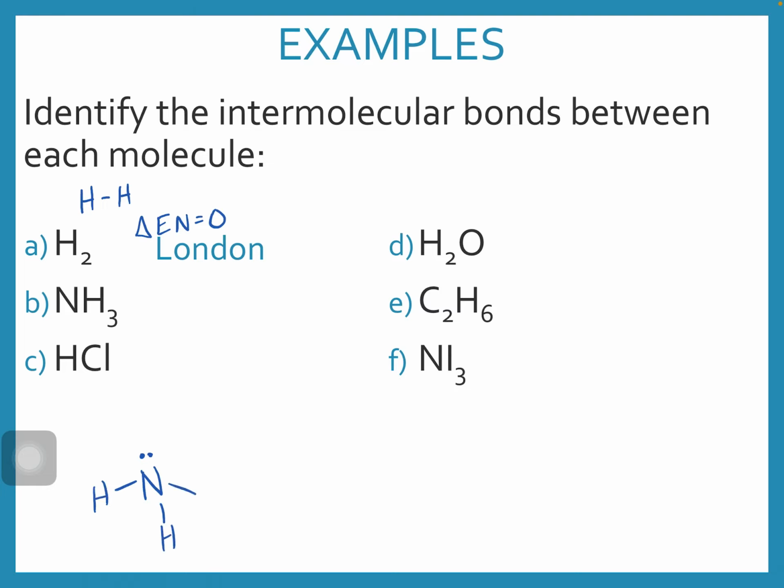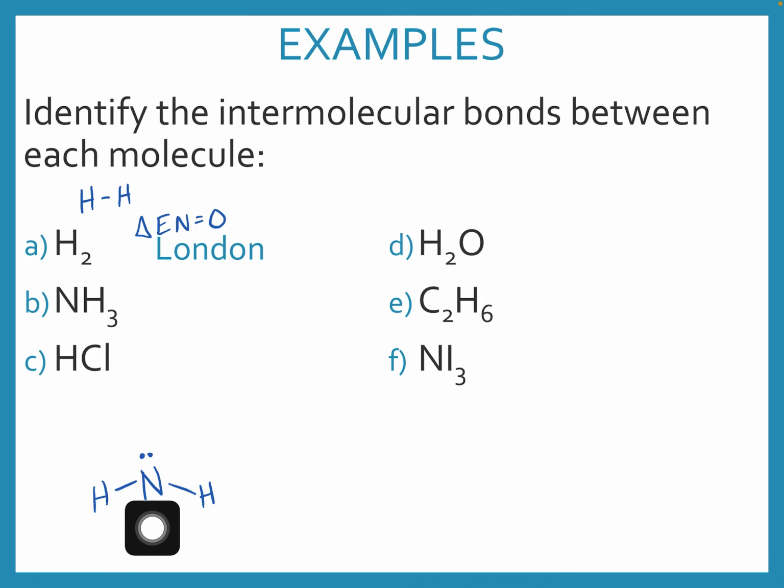So the 3 hydrogens aren't completely equally spaced out in 3D, and so that is going to create a polar molecule because the bond dipoles are not going to cancel because it's not completely symmetrical.